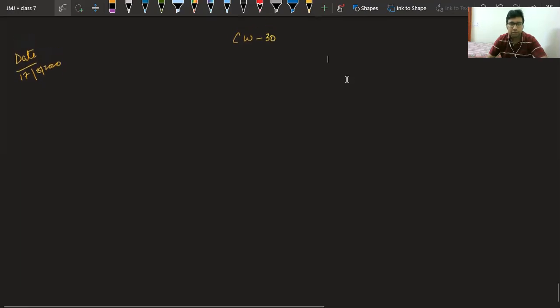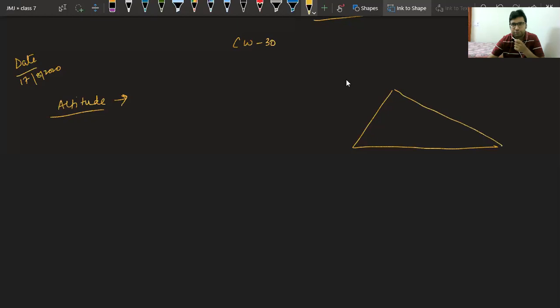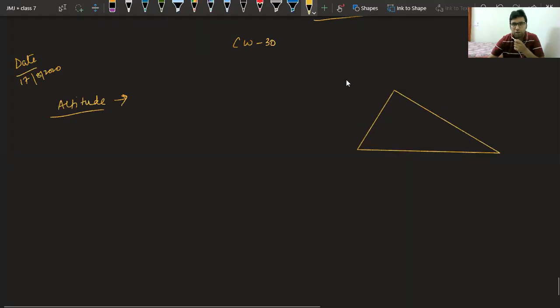Okay. Now see, first the concept of altitudes. Those who have doubt, please see again. Altitude. Suppose you have a triangle like this. Triangle name is ABC.